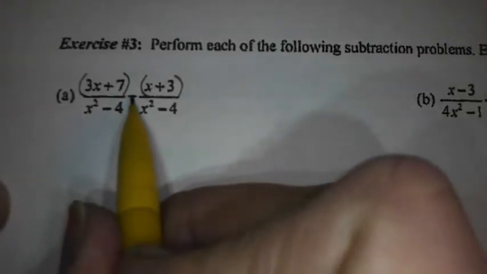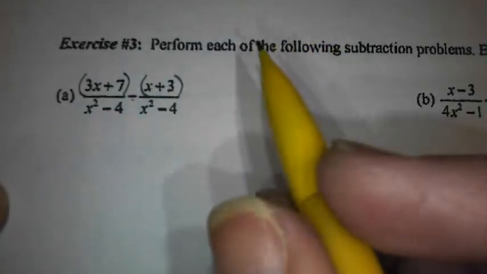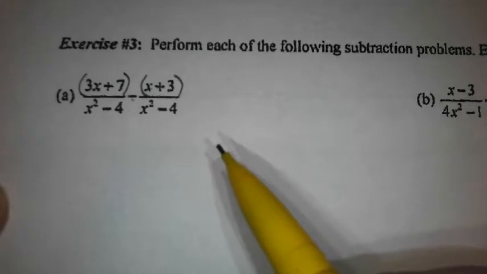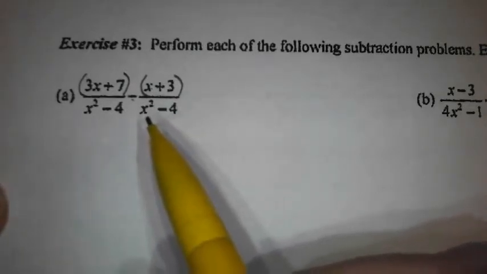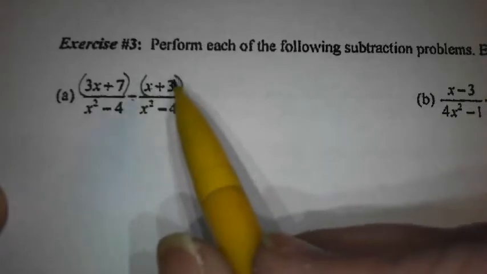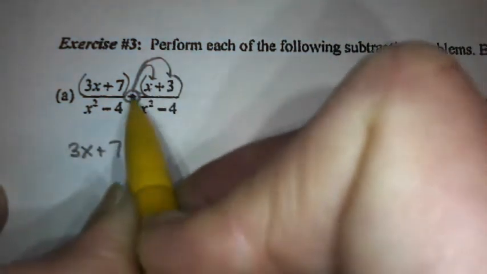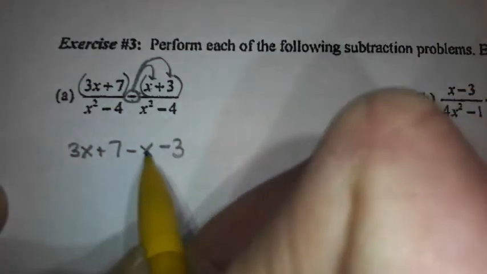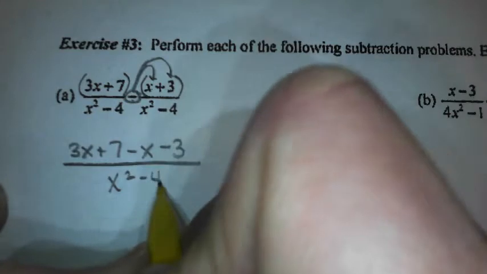And because we're subtracting a binomial, what do we have to remember to do? Nope, that's division. Keep change flip as a division. When you subtract a binomial, distribute the negative exactly. So this is going to be 3x plus 7 minus the x minus a positive 3, which is just minus 3, all over that common denominator of x squared minus 4.